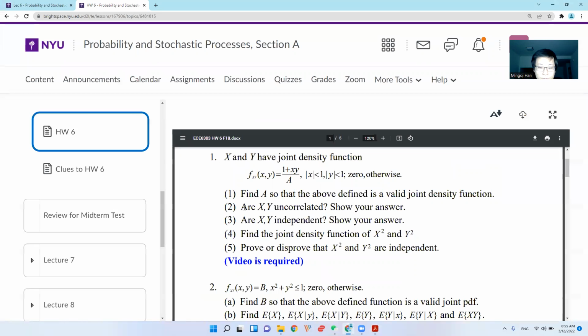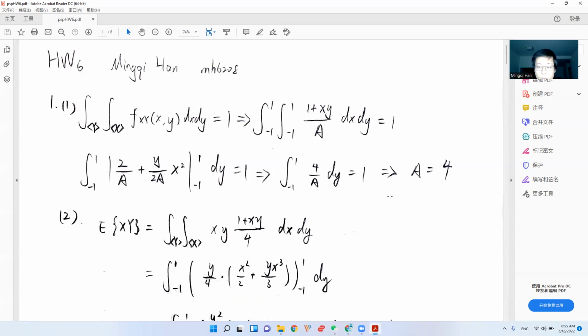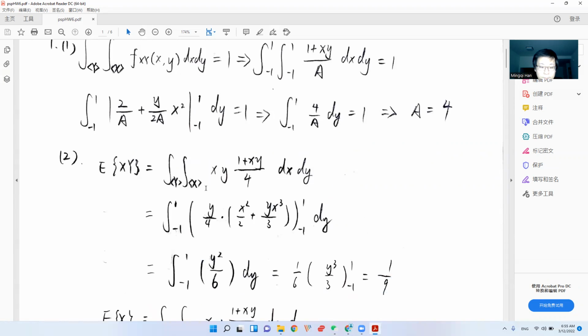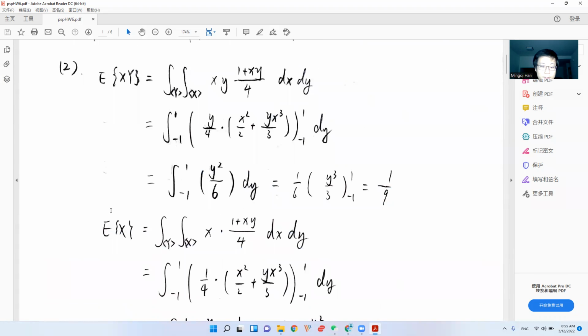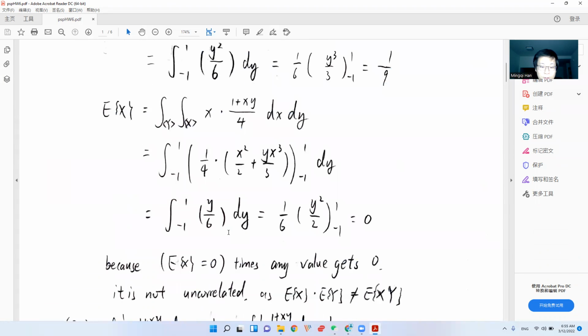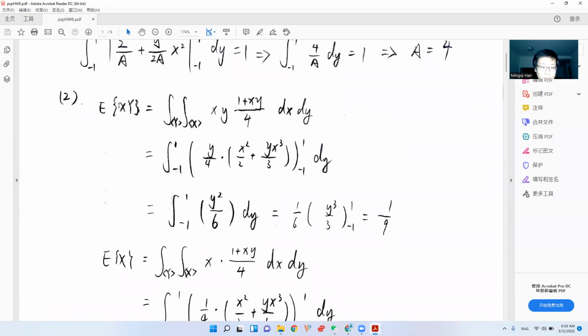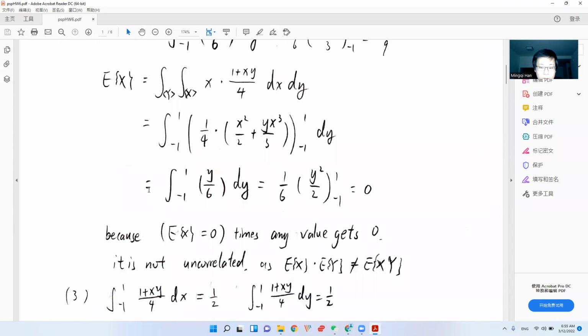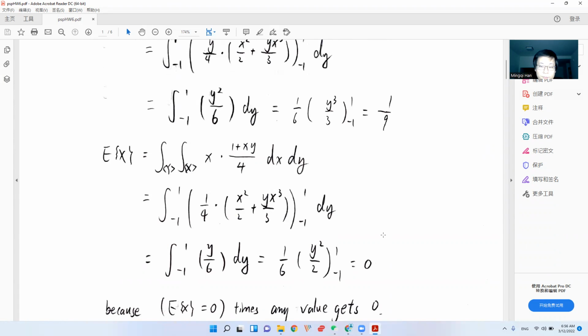For part 2, we are to find out if x and y are uncorrelated. If x and y are uncorrelated, their covariance should be equal to 0, that is, E[XY] minus E[X] times E[Y]. So E[XY] should be equal to the expected value of x times the expected value of y.